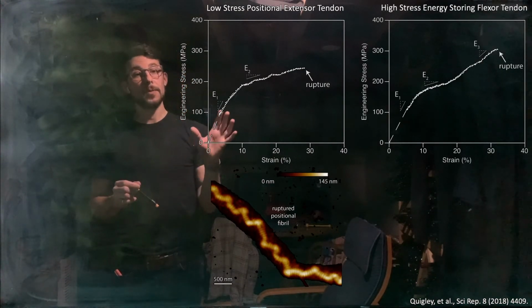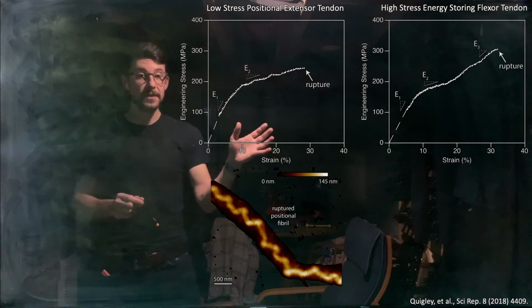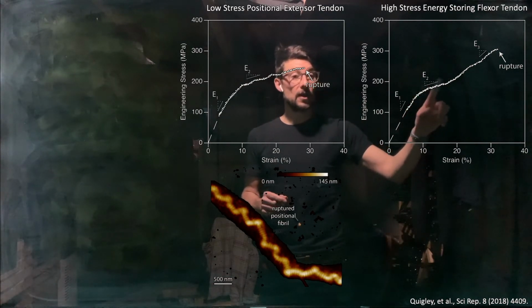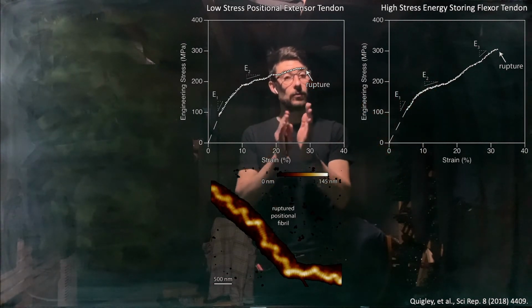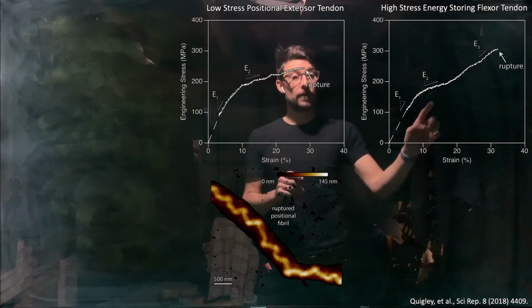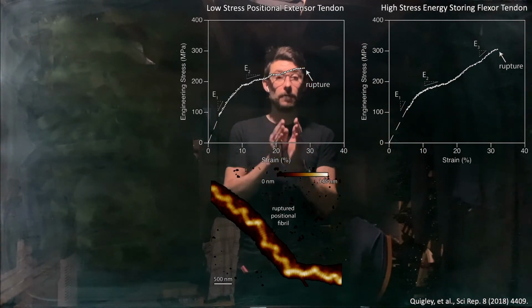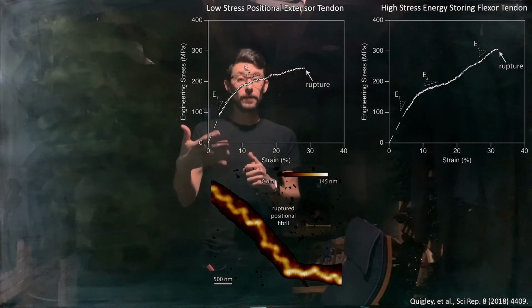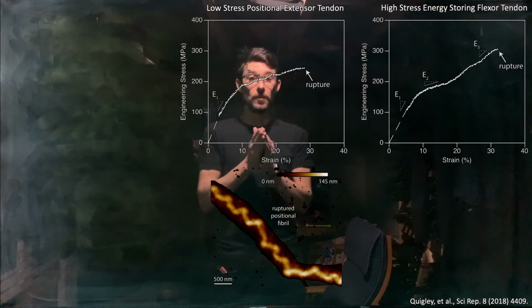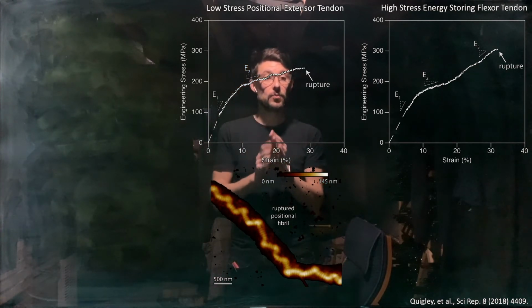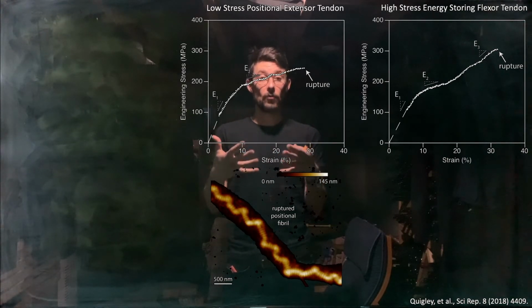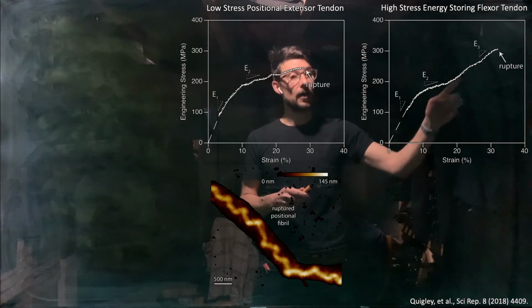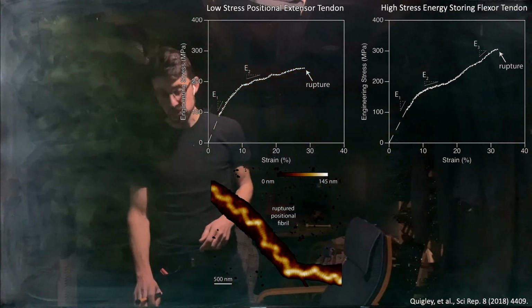Now, the fibrils from the high stress tendon behaved very differently, where the portion of the curve associated with molecular sliding was very short, and there seemed to be a limit to the amount of molecular sliding that would occur. You can understand that if the fibrils have more cross-linking between collagen molecules, then there can probably be less sliding between the molecules before those cross-links are engaged and start resisting that sliding strongly. And at that point, you get an increase in modulus.